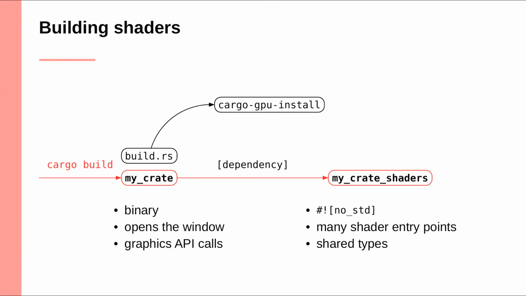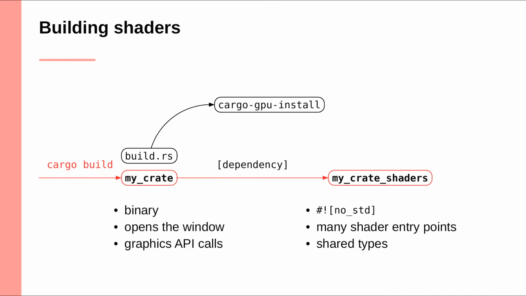So what cargo gpu install has to do is look up which version of Rust GPU you want to use, which is based on our standard library. It has to download our codegen backend. It has to then figure out what exact rustc nightly version our codegen backend is built against, or should be built against. Then it has to download that exact rustc version.